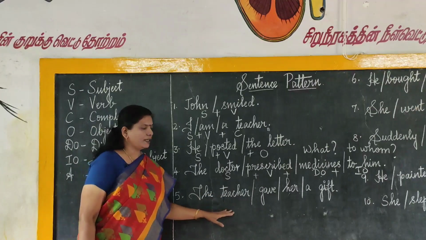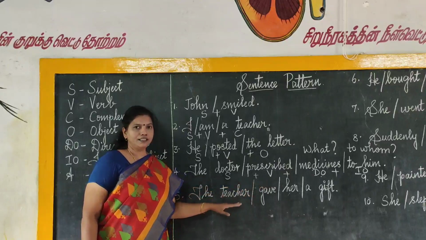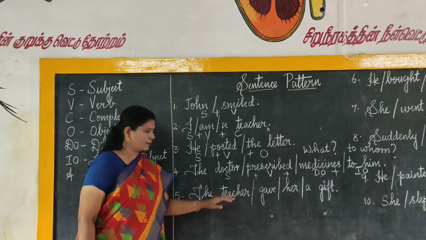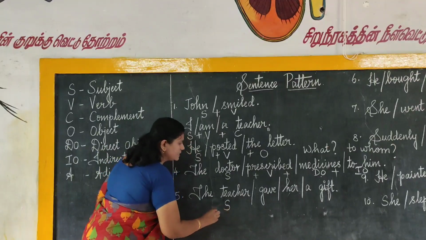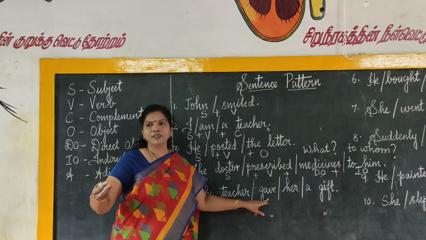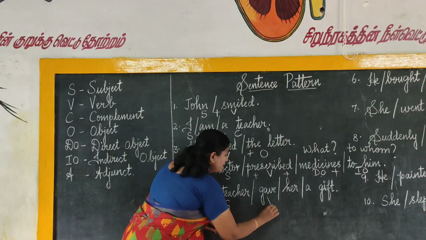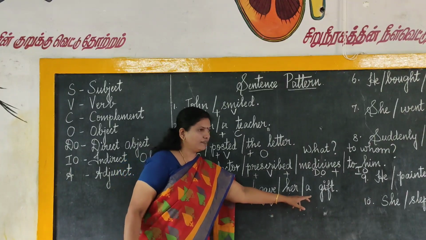And now the fifth one, the teacher gave her a gift. In this sentence we are talking about the teacher. So the teacher is the subject and the action done by the teacher is giving. She gave something, so she gave. This is the verb here. What did she give? A gift.